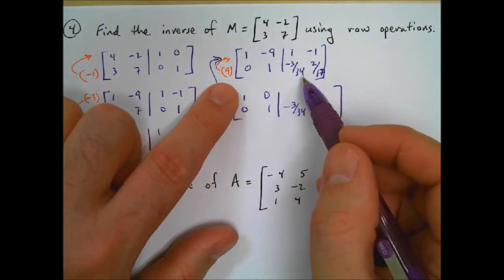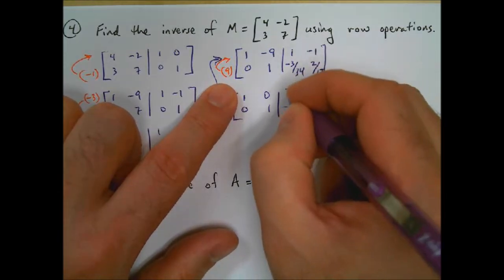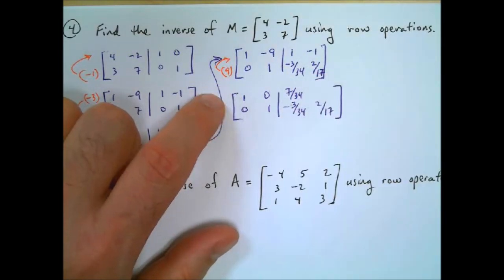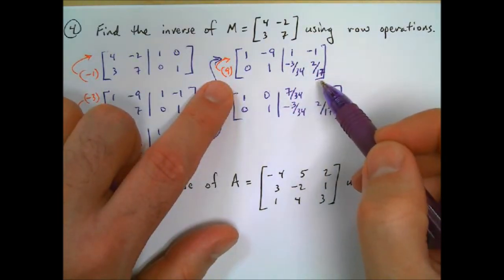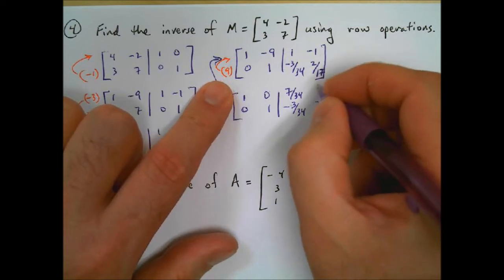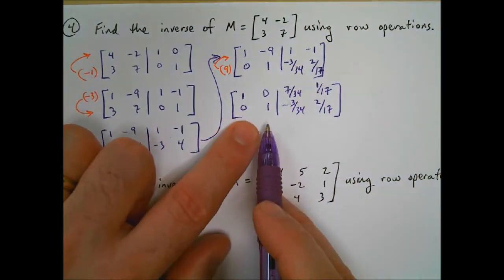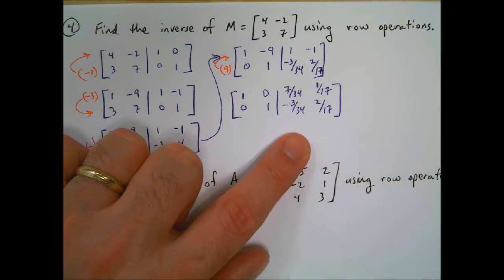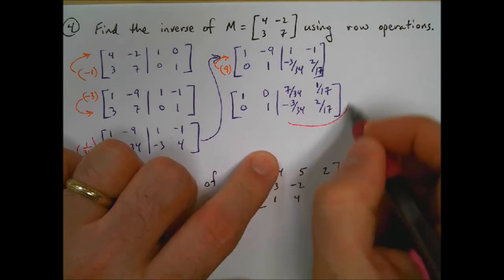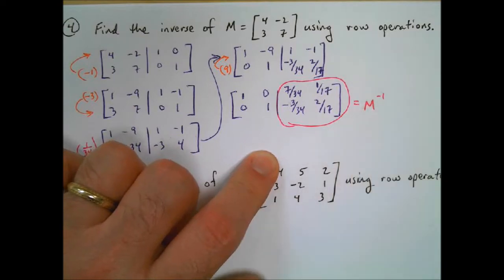So -27/34 plus 34/34. So 34 minus 27, so 7/34. Okay. And then we get 18/17 minus 1. 18/17 minus 17/17 is 1/17. Okay, so now we have the identity matrix over here on the left. That means that this part right here is the inverse of M.